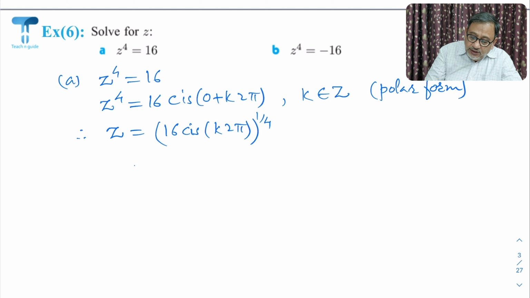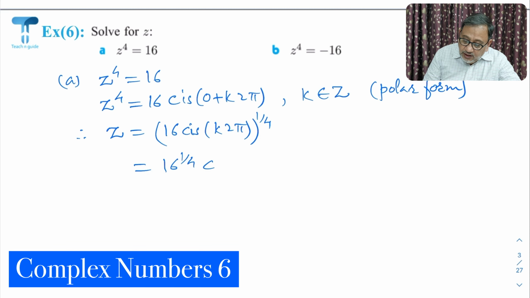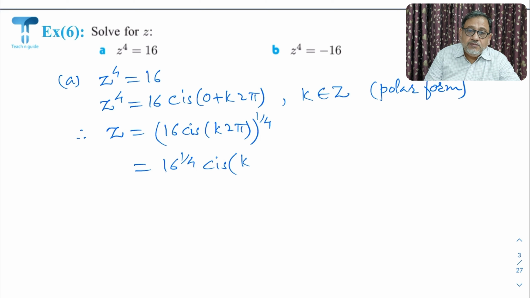As we studied last time, the modulus takes the 1/4 power. So 16 to the power 1 by 4, and the cis part will have 1/4 as a multiple. So k into 2 pi by 4, which will be pi by 2.